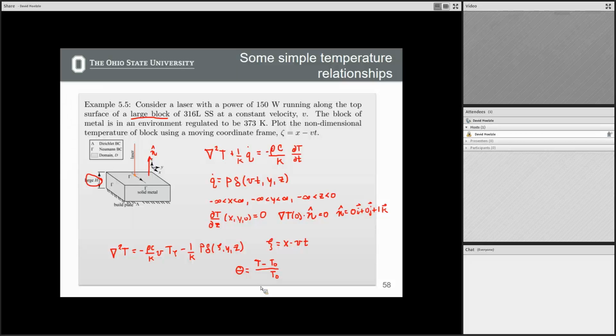We don't really know what the maximum temperature felt here will be, but a good normalization factor is the liquidus temperature of this material. If theta is equal to 1, that's the boundary between melting and not melting. That's a really good point to understand the melt pool. So our denominator becomes TL minus T naught. Just for your notes, this is the liquidus temperature.